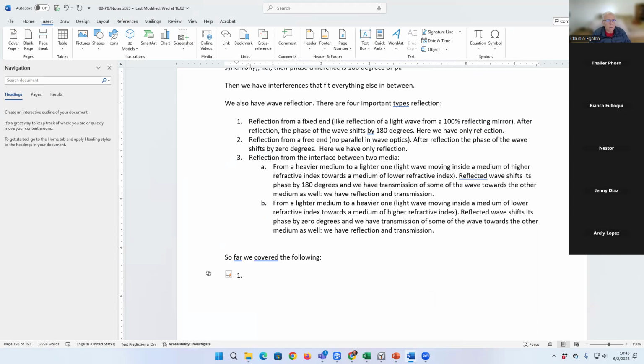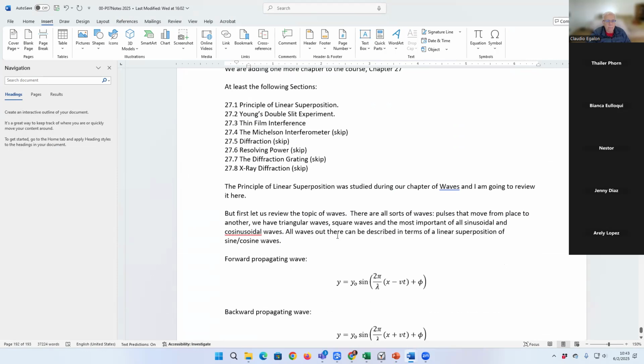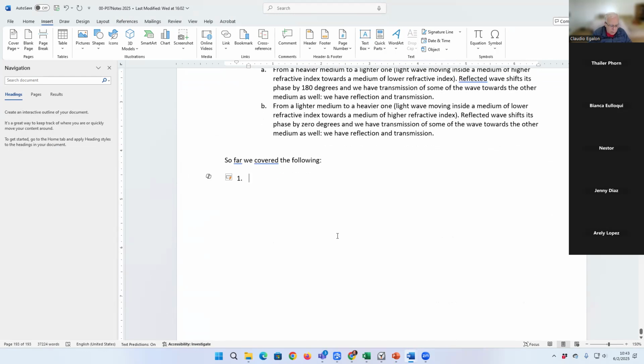One, the principle of linear superposition, right? Wave equation. In general, the wave equation is written in the following functional format. I didn't write it above, but I'm going to write it here.